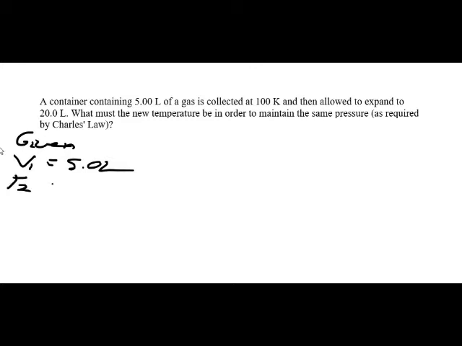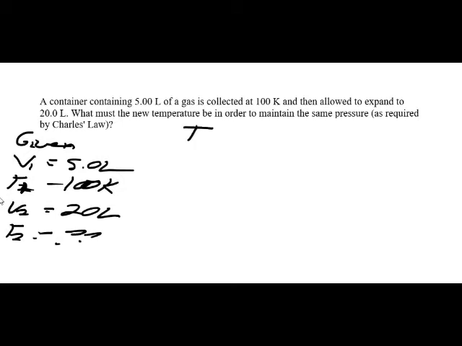T1 is 100 Kelvin. V2 is 20 liters. T2 is missing. Now, let's set up the equation. Remember, we want to find this.